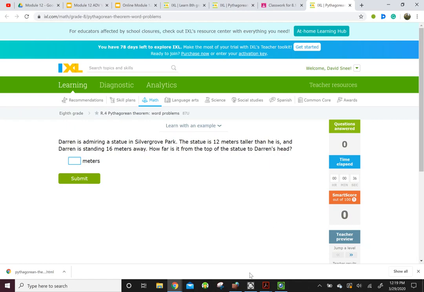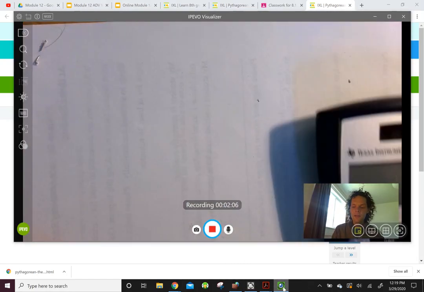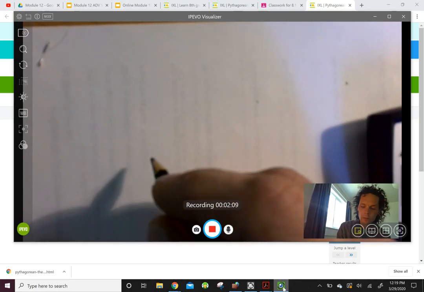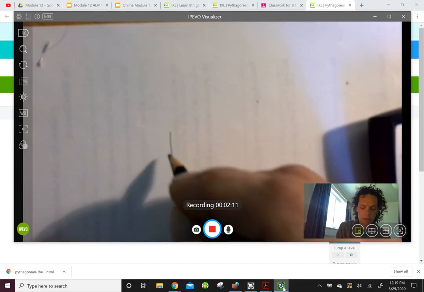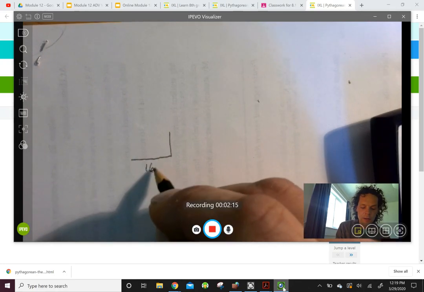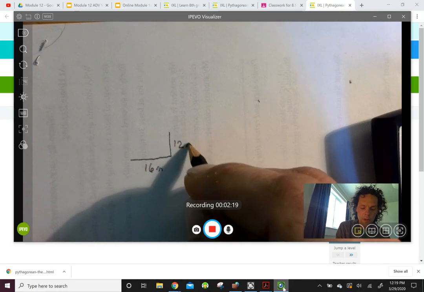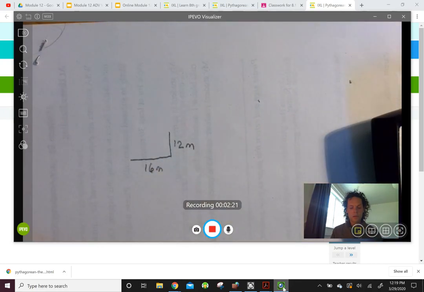All right, I'm going to go back here, and let's see. So it's 12 meters, and he's 16 meters away, and 12 meters tall.